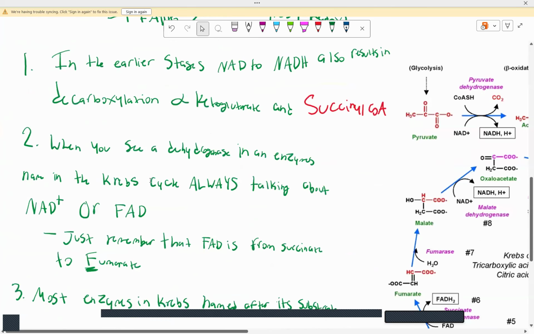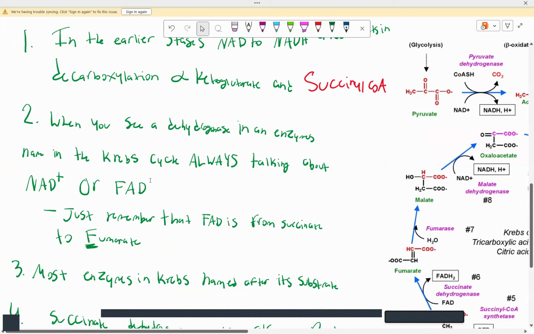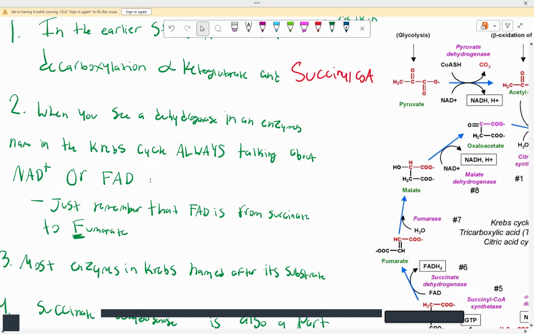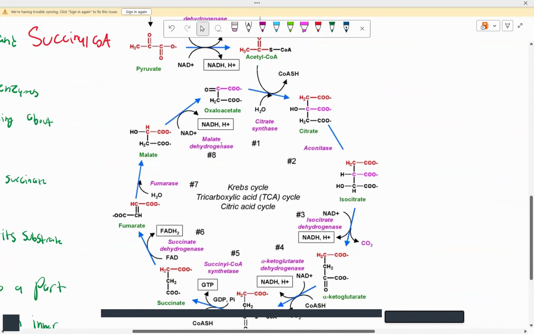Speaking of dehydrogenases, whenever you see a dehydrogenase in an enzyme's name in the Krebs cycle, you're always talking about your coenzymes. So you're talking about the transfer of protons and electrons, so it's FAD plus or NAD plus. And just remember that for the only FADH2 dehydrogenase that you'll see in the Krebs cycle, here in light purple they have the enzyme names, and in dark green, that'll be the substrate's name.